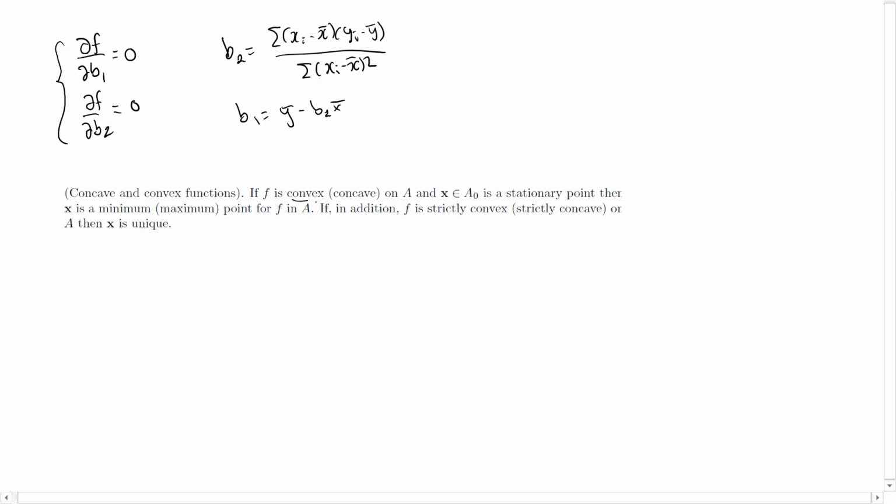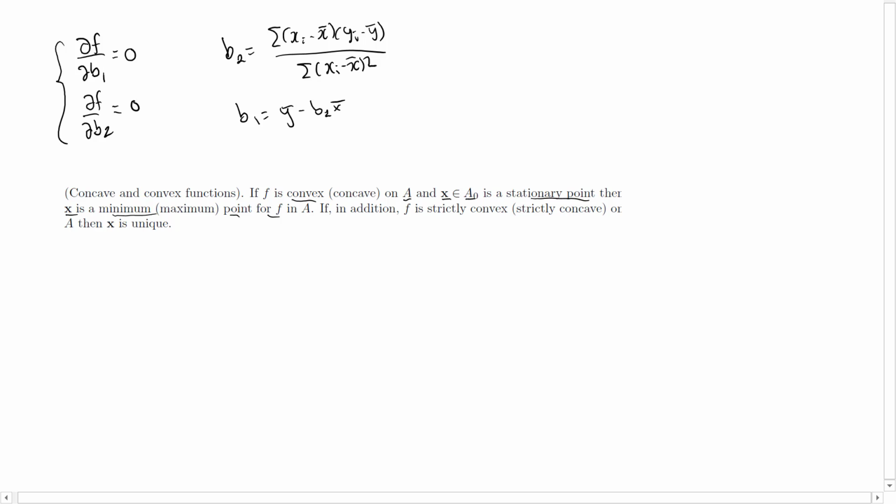If f is a convex function on a domain A, and x is a point in A0, where A0 is the interior of A, and x is a stationary point, then this value of x will be a minimum point of f.